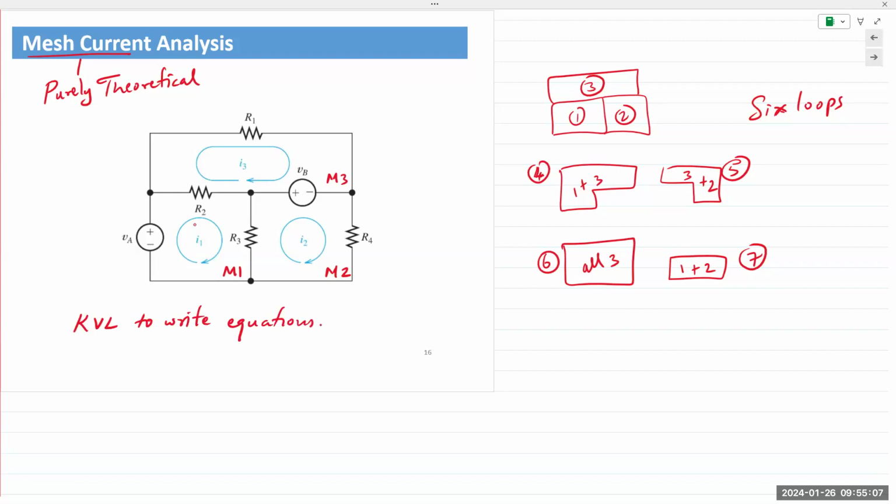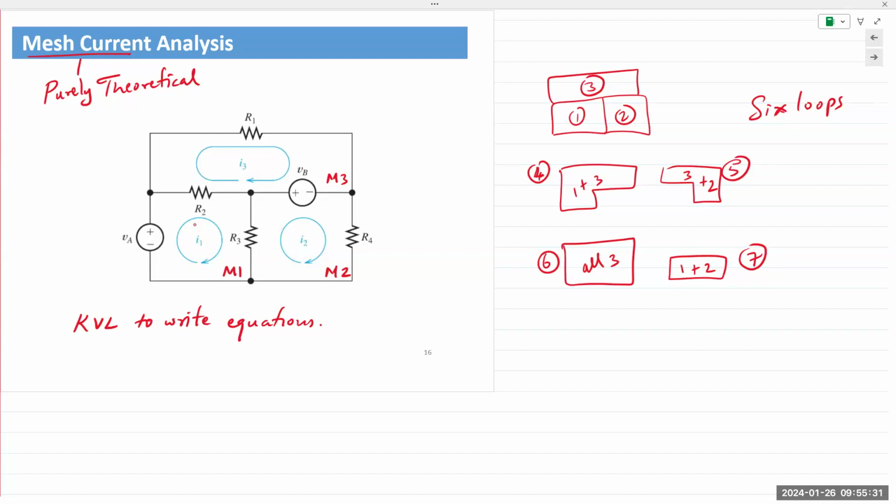The reason is that a mesh current is going to cause a voltage drop across each of these resistances. So you have a voltage across each resistor due to these mesh currents, and then you apply KVL to add those up. And we'll see how.